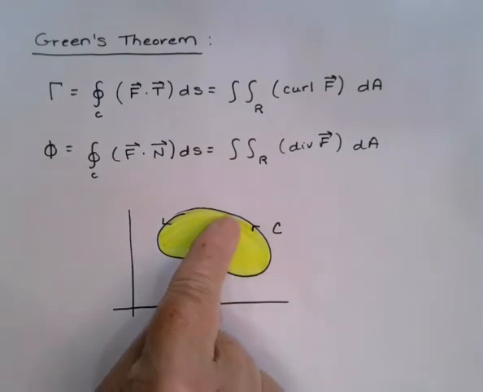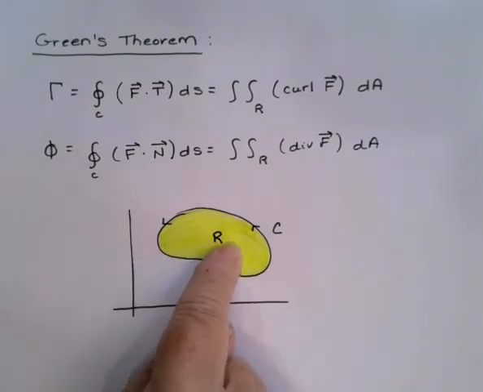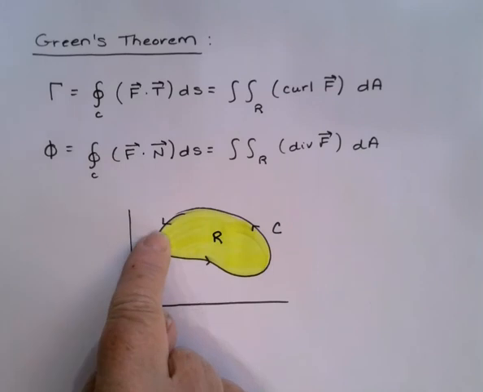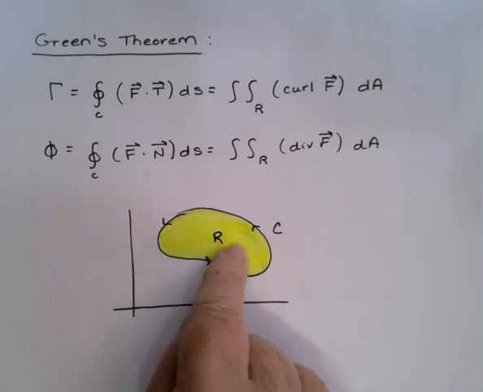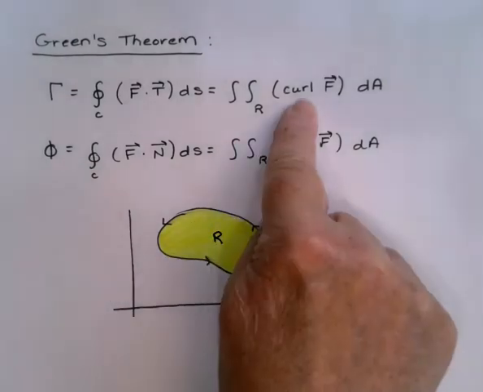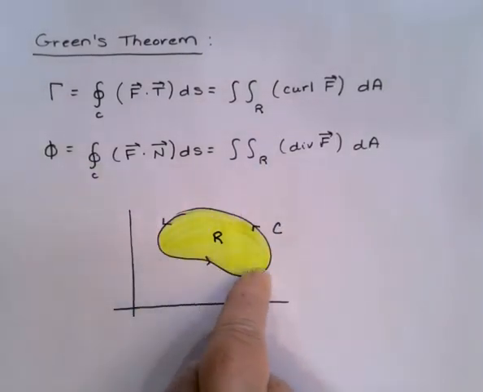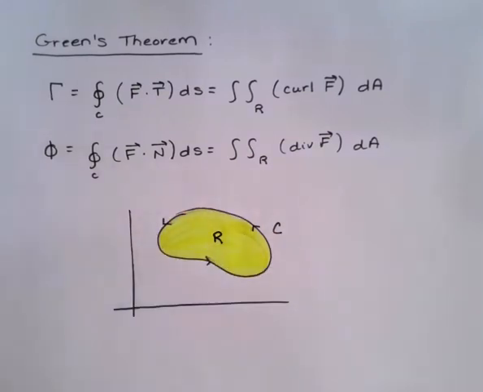So, if you've got a lot of rotation inside R, that's going to cause circulation to happen on the boundary. It's kind of like, in the old days when you would walk around and around inside of a pool to create a whirlpool. That's the same effect, right? We're creating the whirlpool in here with the curl, and that's causing this circulation to happen around the edges. So the fact that those two are related is not surprising.